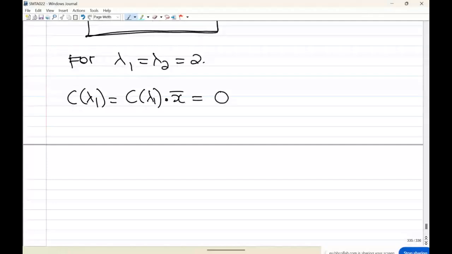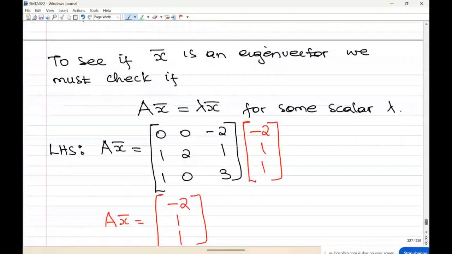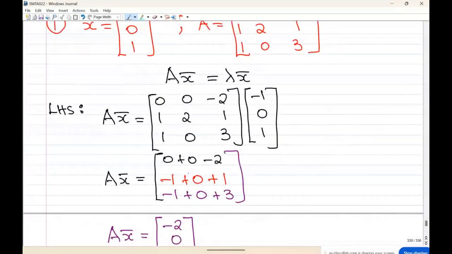Do you agree? So your C of 2 will be equal to C of 2 multiplied by this vector. So let's go back. I want you to substitute on this statement where there is lambda, put 2.